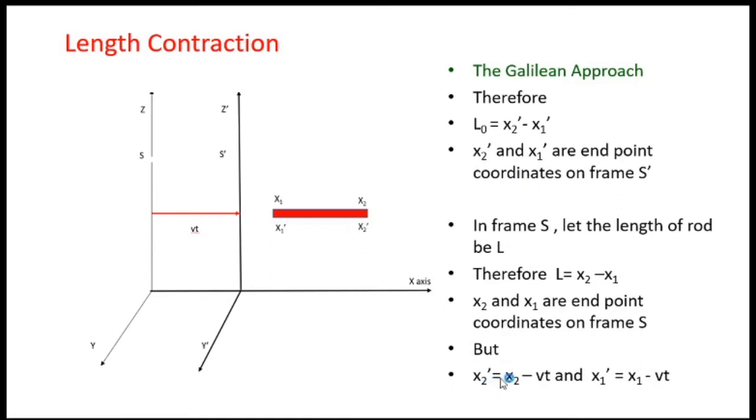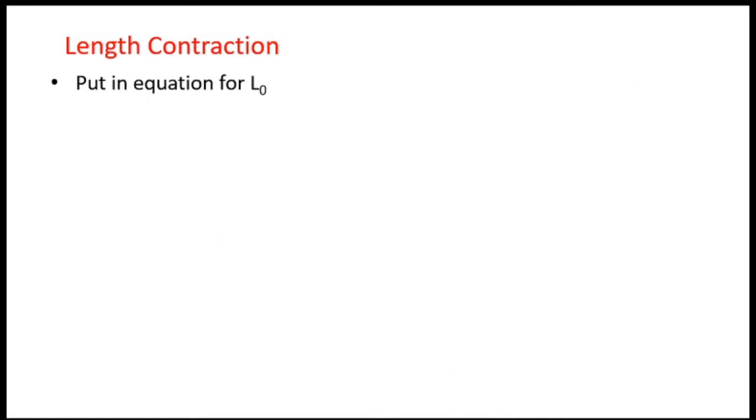If we apply the same logic here, then we can write x2 dash is equal to x2 minus vt and x1 dash is equal to x1 minus vt. So put these values in the equation for L0.